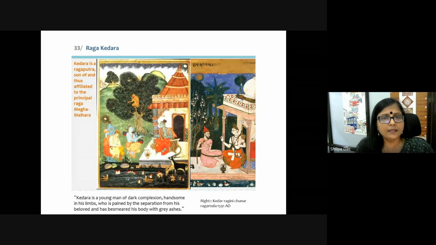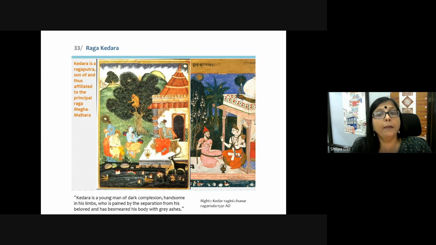So Kedar is this young man with a dark complexion, handsome, who is pained by separation from his beloved. And because he is now separated from her, she's probably married away to some other man. He has renounced the world and smeared ashes all over his body. In the Calico Museum in Ahmedabad, we have a beautiful one by Nainsukh of Guler, in which Kedar is shown to be this old man.